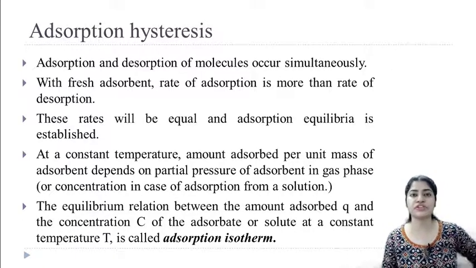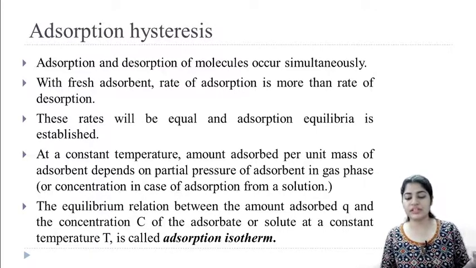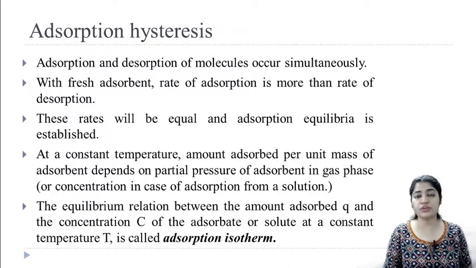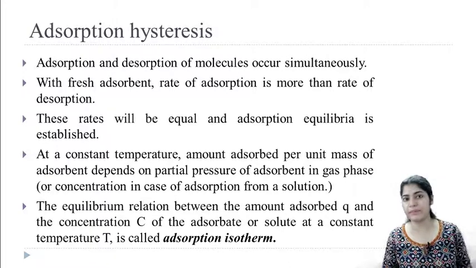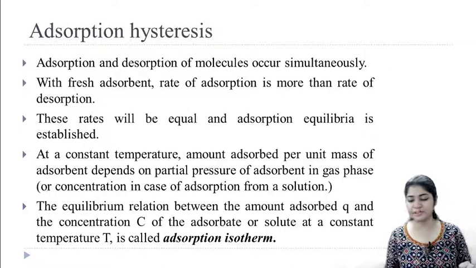What is my C? The total amount of adsorbate which is there. And what is Q? From the total amount, how much is adsorbing on the surface of the adsorbent, okay. So the relationship between these two is known as your adsorption isotherm.